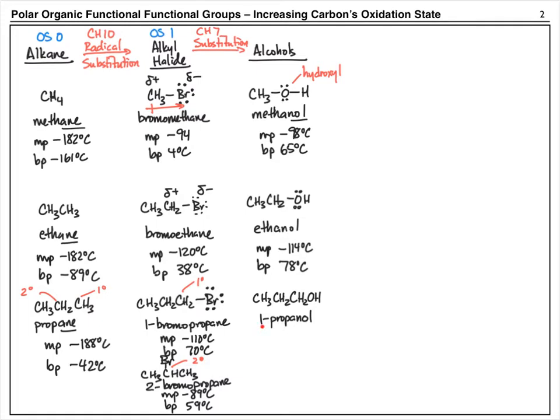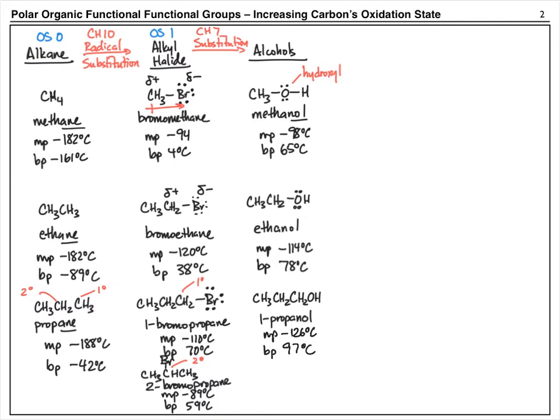The 1 is telling you where the OH group occurs. So the OH group is at the 1 position, 1-propanol. The melting point is negative 126 degrees Celsius. The boiling point is 97 degrees Celsius. So our boiling points increase quite a bit.